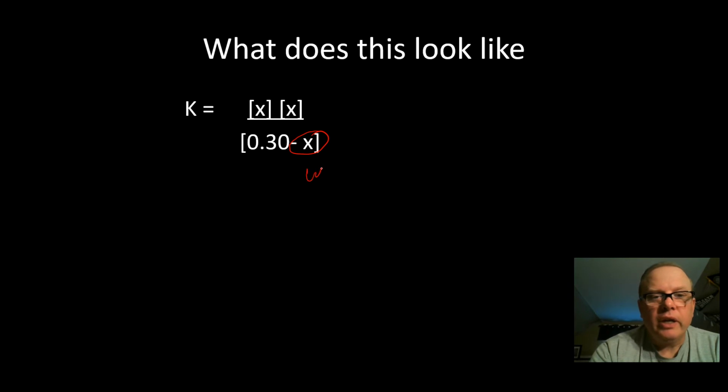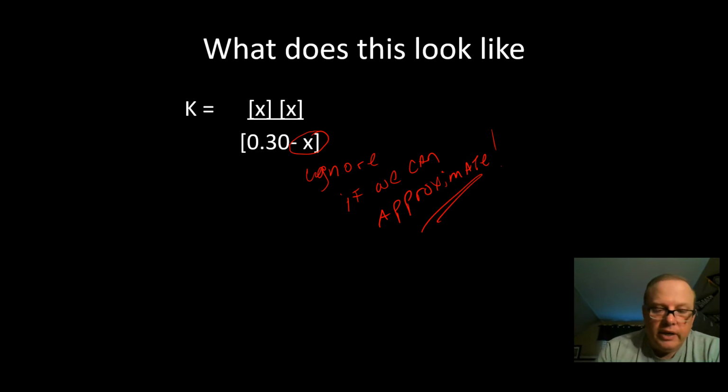This is what we can ignore if we can approximate. Just that X, that's the only one. And again, it's going to let us solve things with a greater speed.